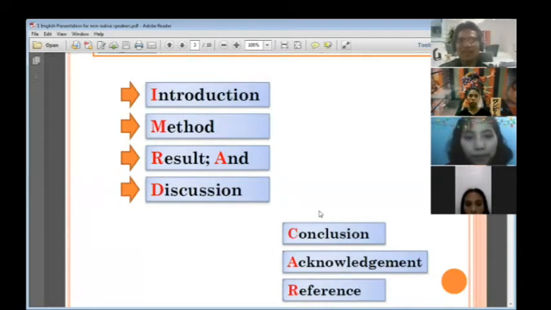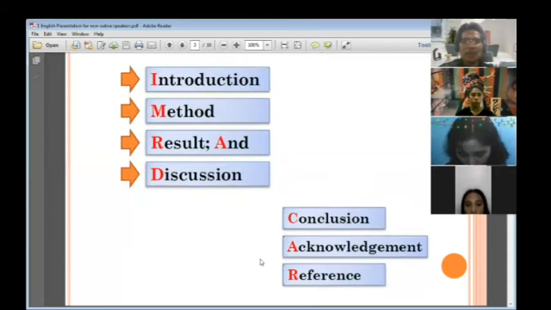When it is an Indonesian national conference, it's going to be Bahasa Indonesia. But what I'm going to discuss today is about English international conferences, especially for non-native speakers of English.